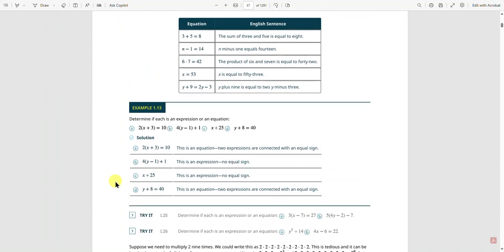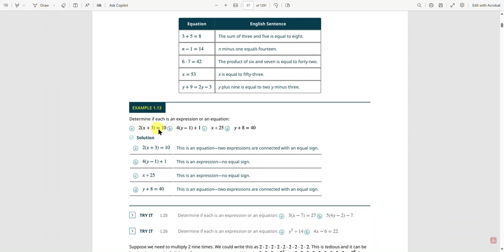Here we have some examples, and you're asked to determine whether each of these statements is an expression or an equation. So read what's written here in algebraic language and determine if it's an expression or an equation. 2 times the quantity x plus 3, grouped in parentheses, 2 times the sum of x plus 3, that's one expression, is equal to 10, another expression.